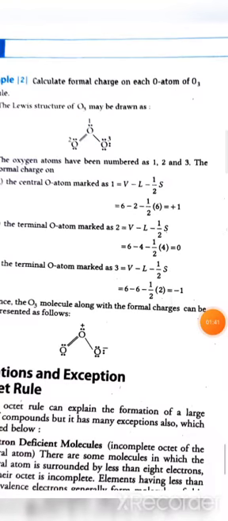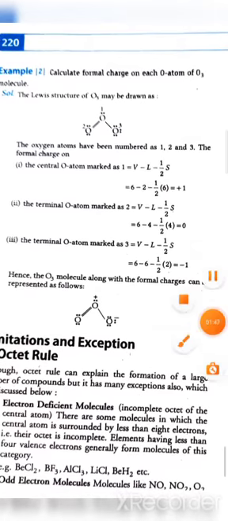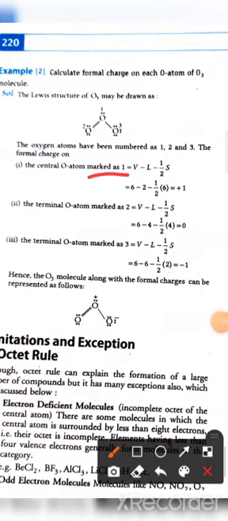We should calculate the formal charge for each oxygen atom present in the molecule. First, calculating for the first oxygen: V minus L. V is the valence shell electrons, equal to 6. Lone pair electrons are 2, so you can write 2 here. Half into S, where S means the shared electrons. Here this oxygen is sharing 6 electrons: 1, 2, 3, 4, 5, 6.